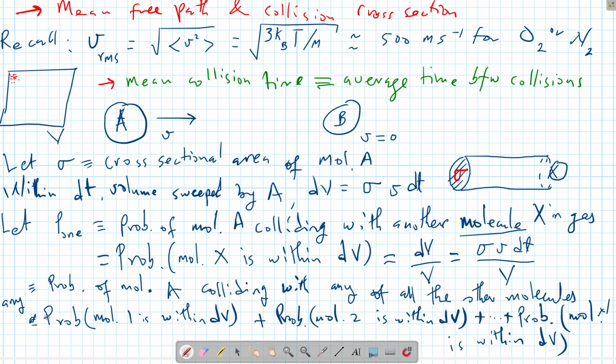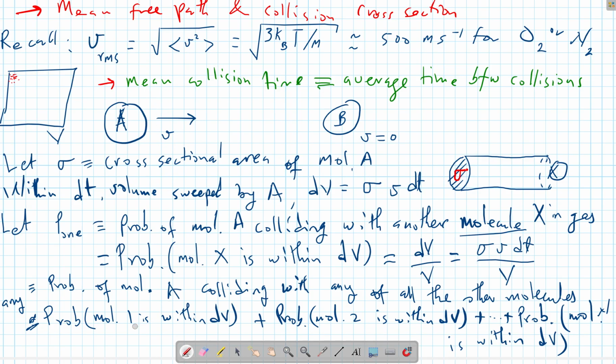Alright. So this is approximately equal to that. Again, we assume uniformly and randomly distributed gas molecules within the container. And the approximation is that we are assuming that these events are independent.